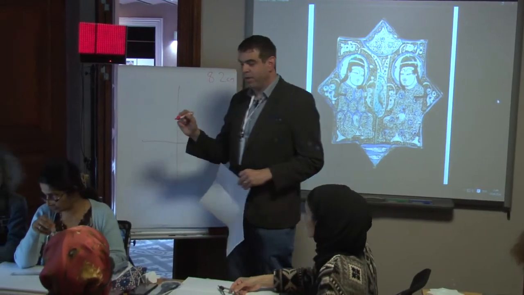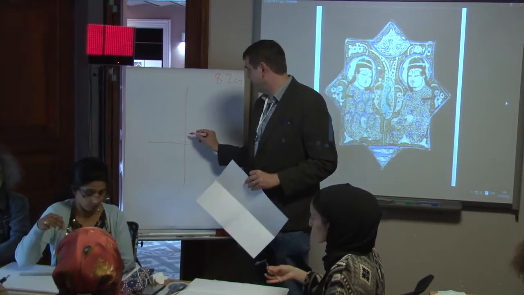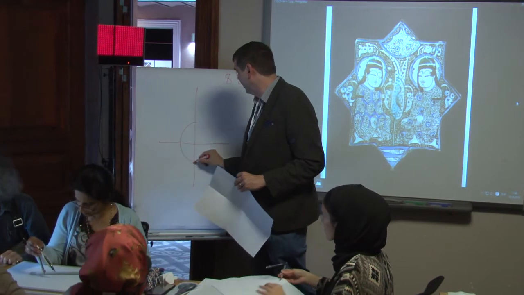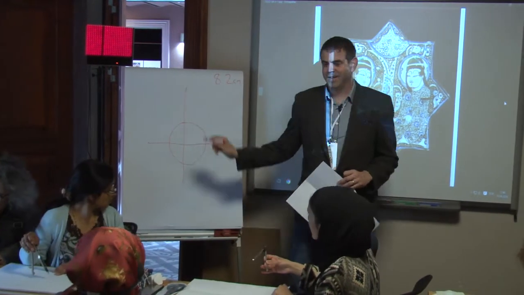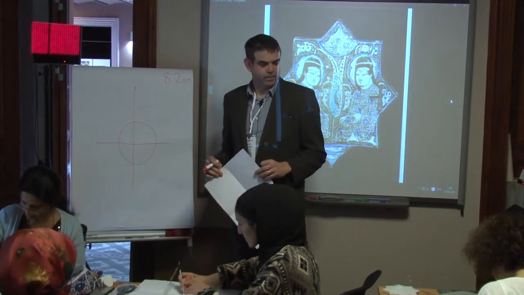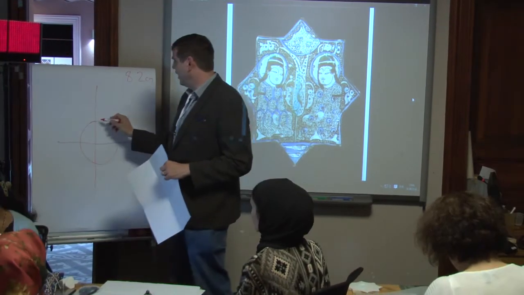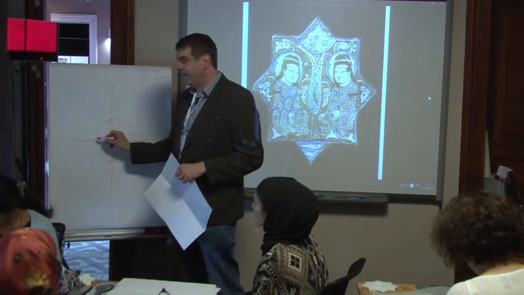And then what we're going to do is put the point in the center of the page and draw your first circle around the center, like that. Once you've finished that, you can draw your first square.